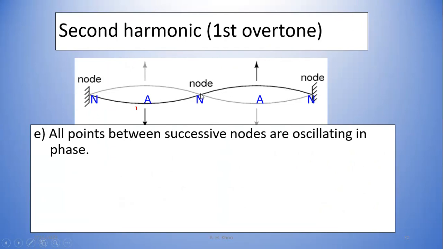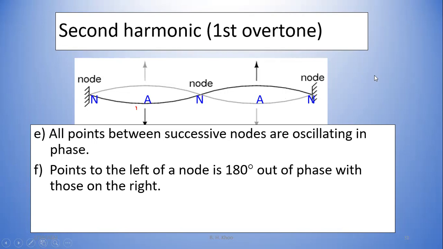This is one node, this is the successive node. All the points here, or all the particles here, are vibrating in phase. A point to the left of a node is 180 degrees out of phase with a point on the right. If you take this as your node, the point to the left and the point to the right are vibrating 180 degrees out of phase.